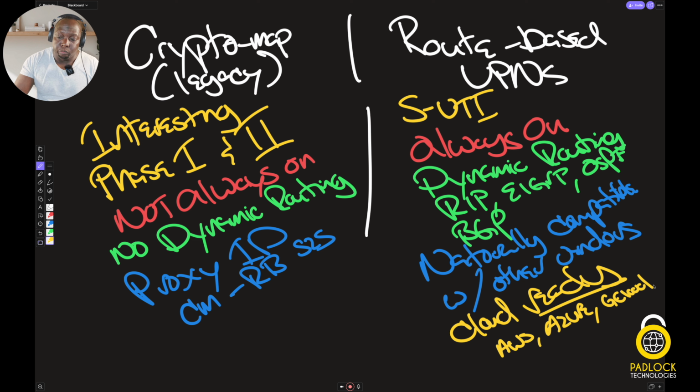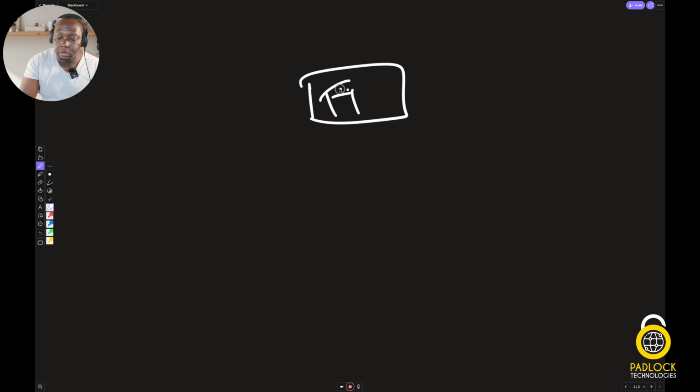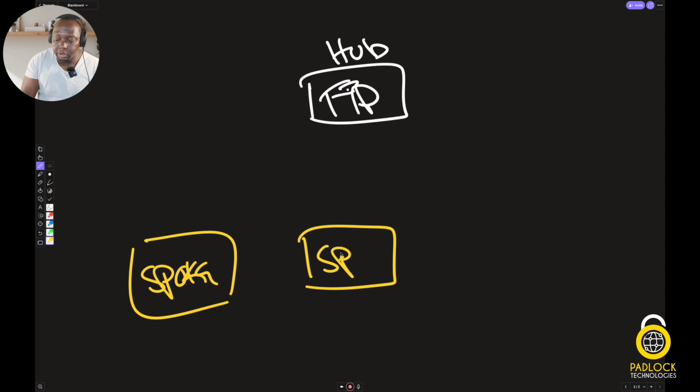And with route-based style VPNs, you can control the routing. So a typical design that someone would do, and we're going to keep it with the FTD world, is you would have your hub FTD, and let's say this is the hub. And then you've got your spokes down here, spoke sites. Now you can actually do this in the FTD now, hub and spoke architecture. Before, this wasn't something you could do.